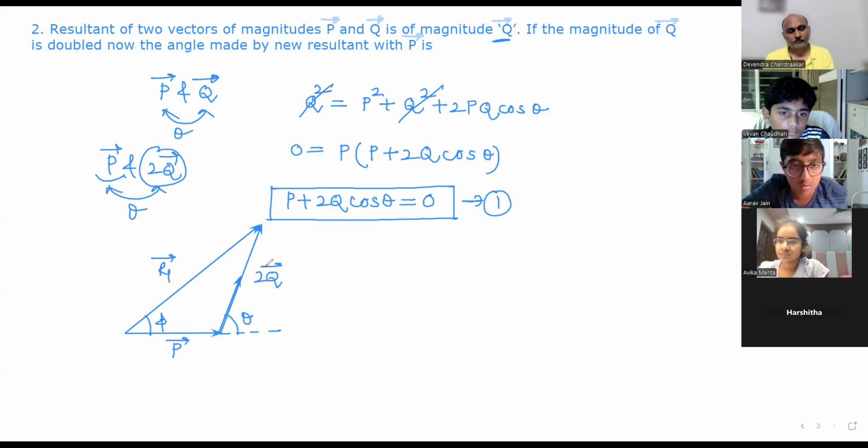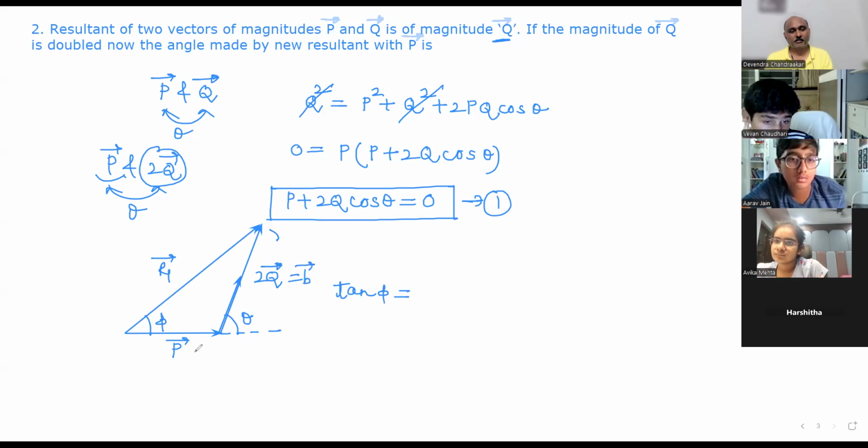Now I have to find this phi, they are asking me the angle phi. So tan phi: this vector becomes the b vector. Remember we had a and b vectors in the triangle of addition of vectors? Harshita, do you remember? Yes, sir.